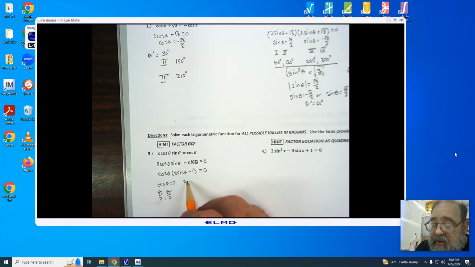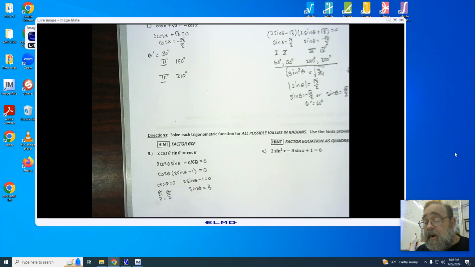And when we have the 2 sine of theta minus 1 equaling 0, our sine of theta is going to equal 1/2. And we know that this is going to occur at a 30-degree reference angle, or when our radian is pi over 6. So our answers are in the first quadrant and the second quadrant.